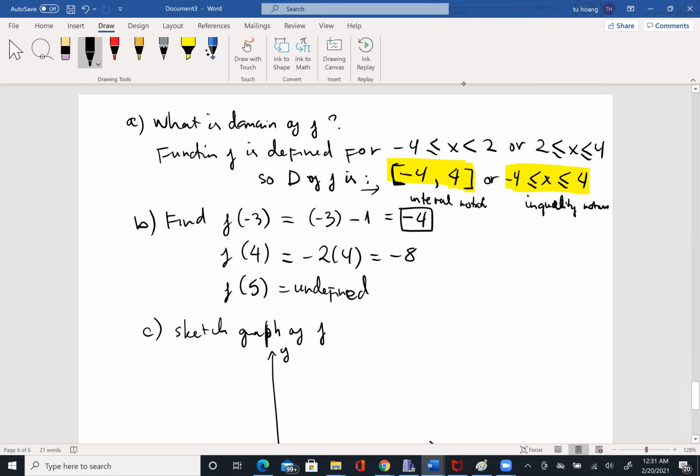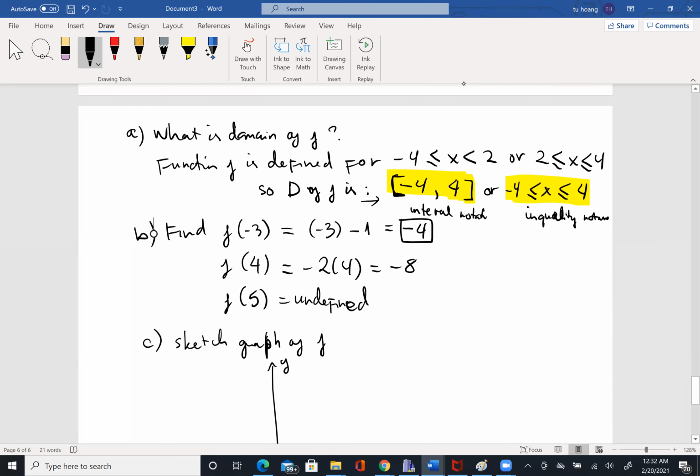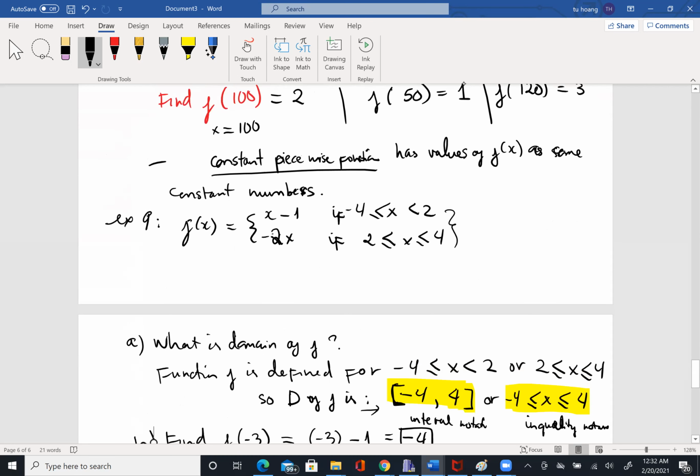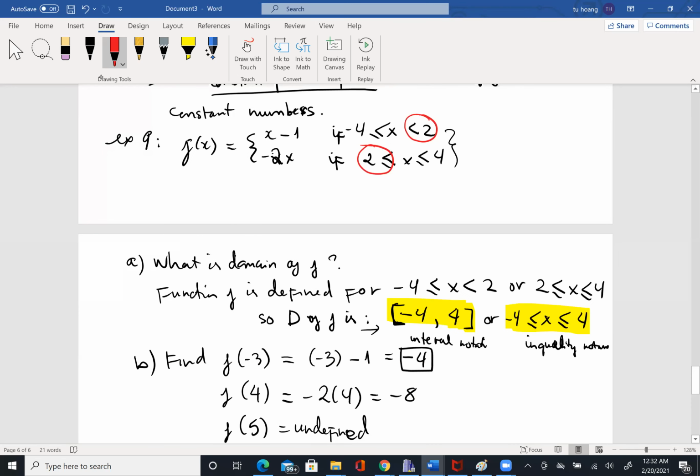Okay, so you know that, where is the changing value? You should know that the changing value is the common value, which is 2. So at 2, the graph is changing, and also you have to find x equals 2 first.